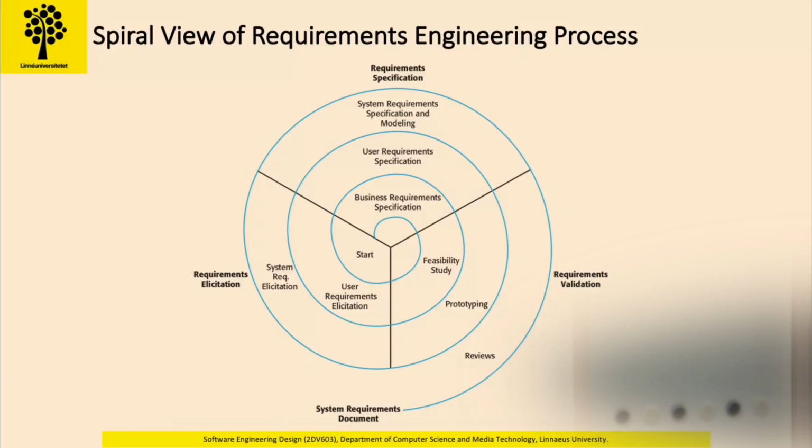Once you've done the prototyping, you have a demo system. So you go to system level elicitation, from where you go to the system requirements specification. Those are at the lowest level of representation, but the most detailed. Once you have the system level specification, you go for reviews, so you review with your team.